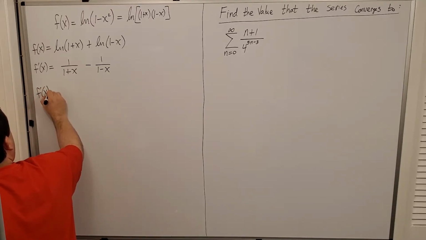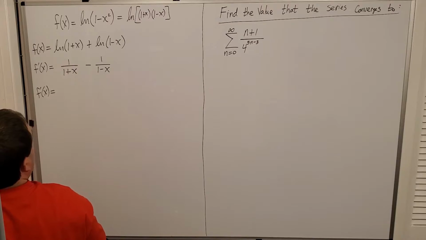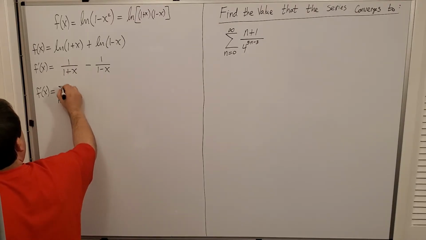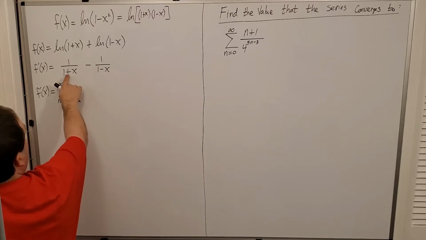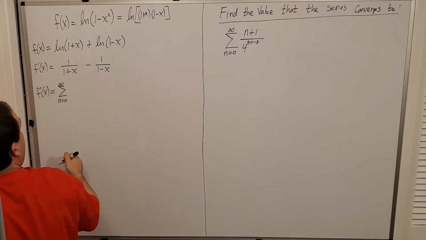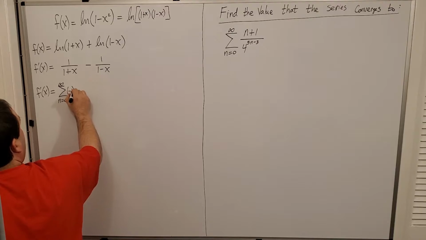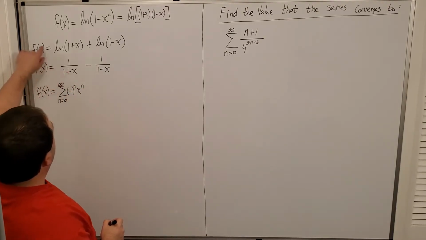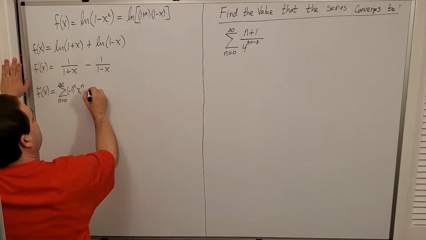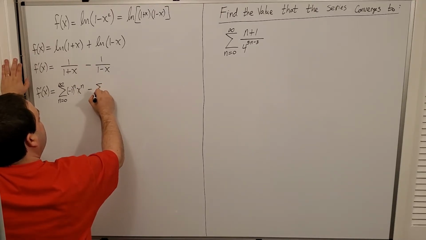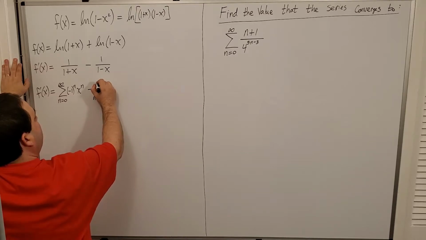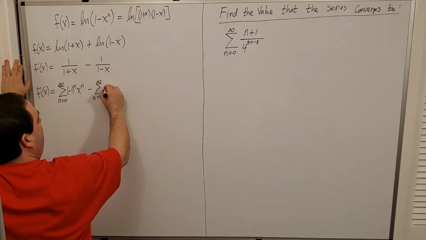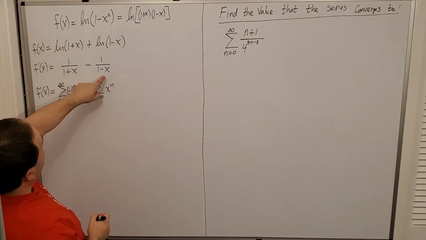So I have f prime is then equal to the sum from n equals 0 to infinity. I'll need to bring up a double negative here. So that's going to be negative 1 to the n, x to the n for this one, minus the sum from n equals 0 to infinity of just your ordinary x to the n. Right? That's that one.